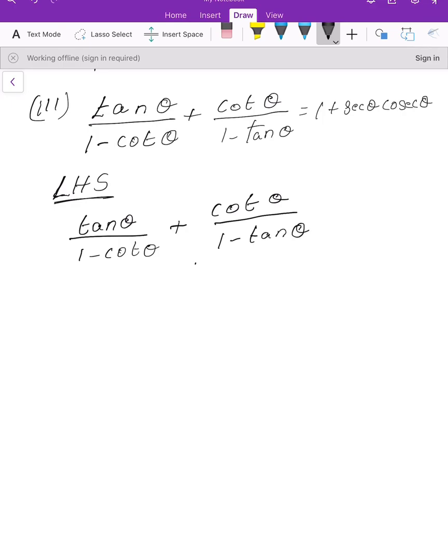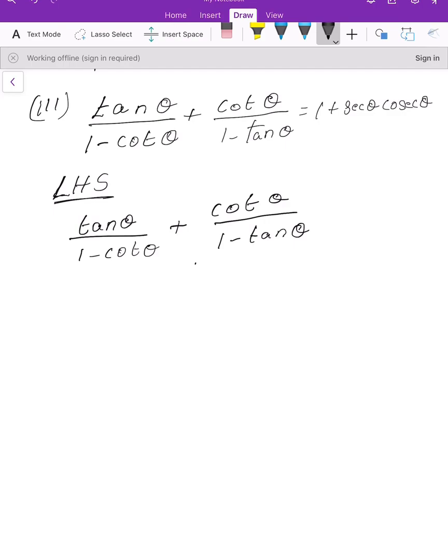Now I'll try to prove that my left hand side is equal to the right hand side. My right hand side is nothing but 1 plus secant theta cosecant theta. Because the right hand side has secant and cosecant, secant is 1 by cos and cosecant is 1 by sine, it is related to sine and cos. So I'll change all this into sine and cos.